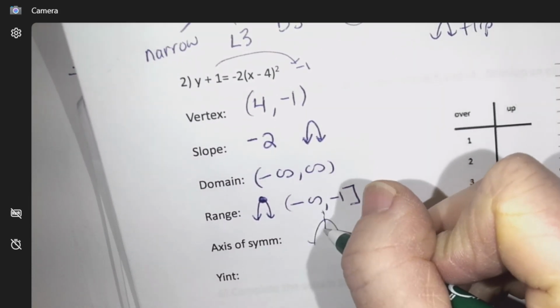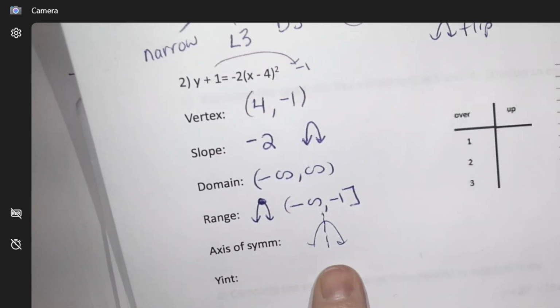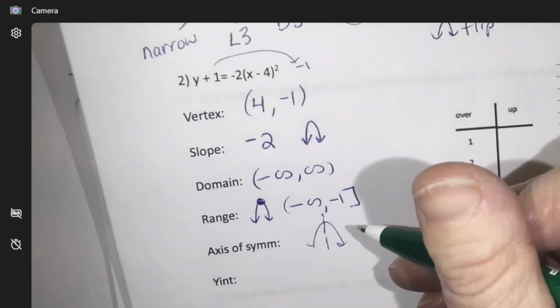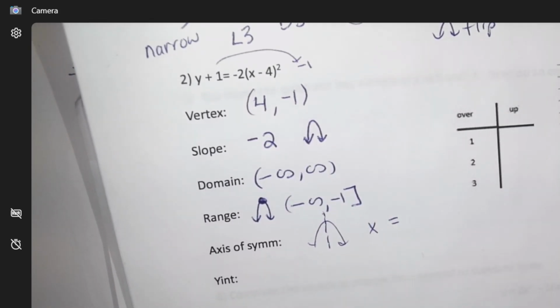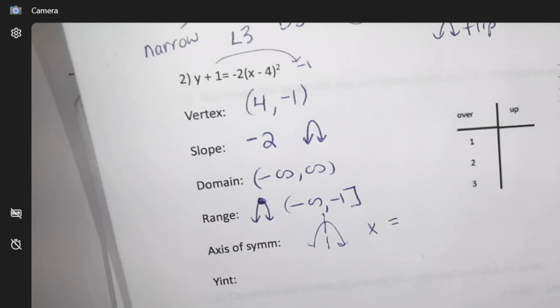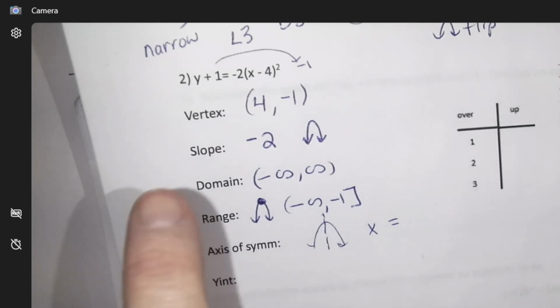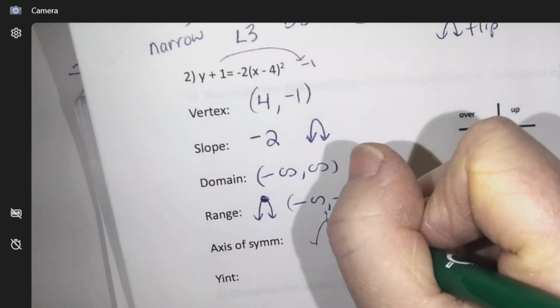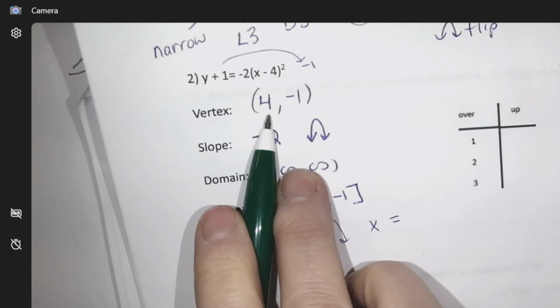Okay, the axis of symmetry is where I can cut it in half like that. How do you make a vertical line, no matter what? X equals. If I do horizontal lines, that's y equals, right? But vertical is x. And what x value are you going to cut right through? The vertex, right? I'm going to go right through that vertex coordinate where I'm at a 4.